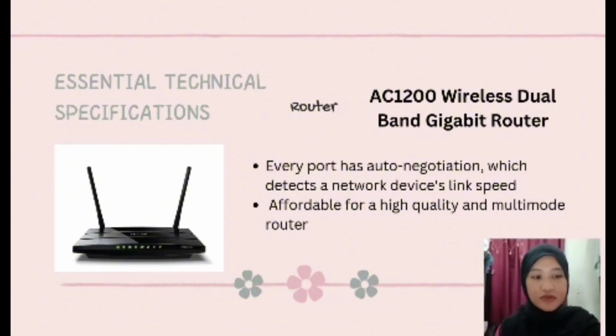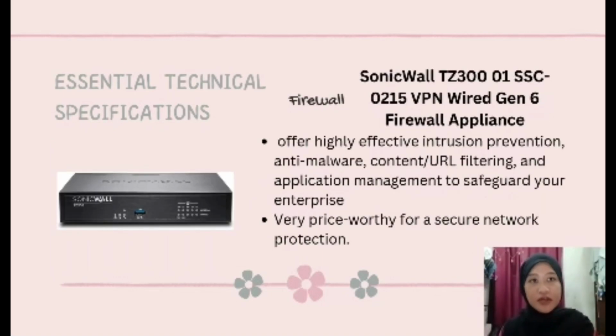For the price, it is affordable for a high quality and multi-mode router. For the firewall, we chose this because it offers highly effective intrusion prevention, anti-malware, content URL filtering, and application management to safeguard your enterprise. For the price, it is very price-worthy for secure network protection.